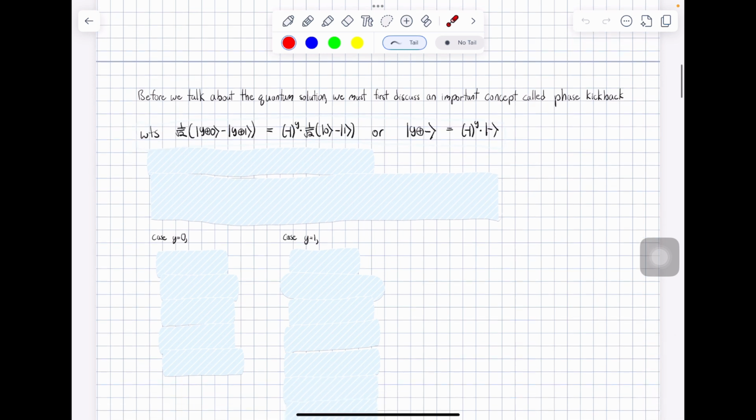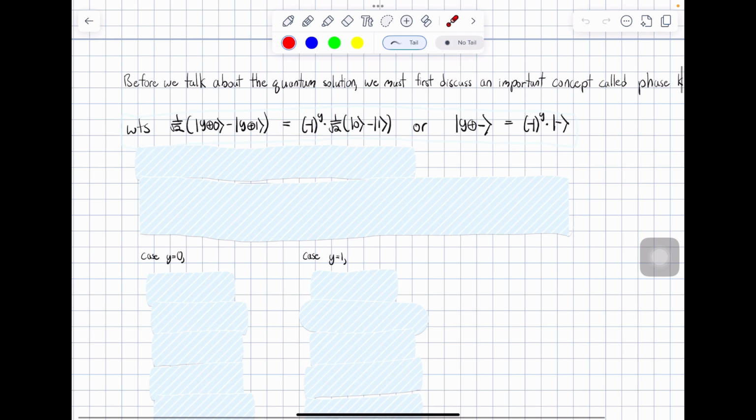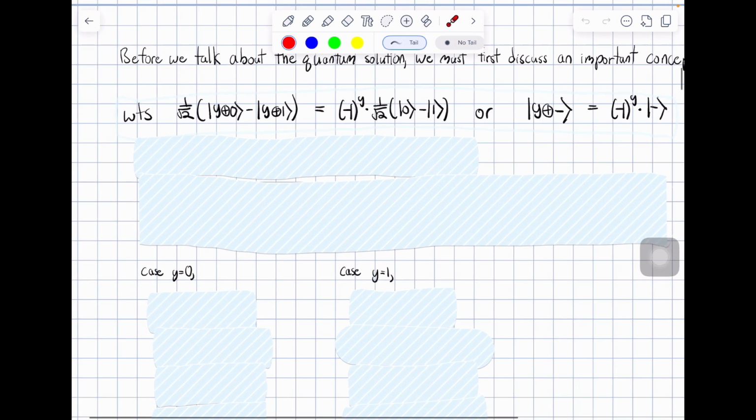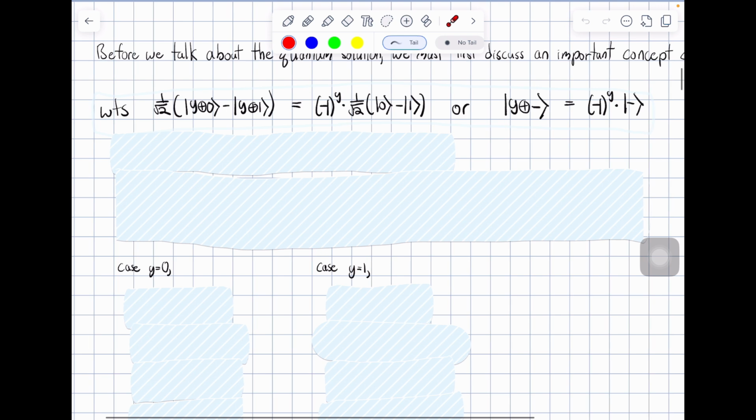And to do that, the first thing I want to do is prove this equation over here: 1 over square root 2 times y XOR 0, that's also mod 2 addition, minus y XOR 1.